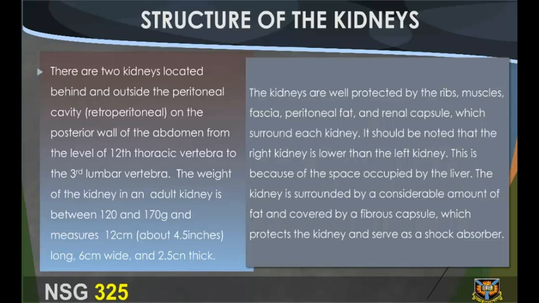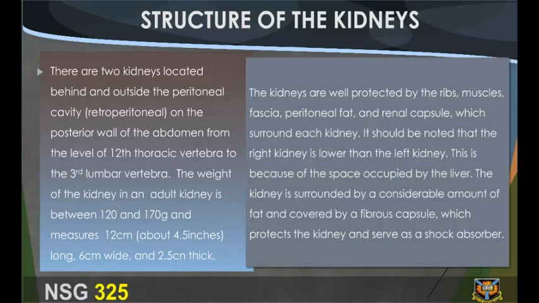The kidneys are well protected by the ribs, muscles, fascia, peritoneal fat, and renal capsule, which surround each kidney. It should be noted that the right kidney is lower than the left kidney.